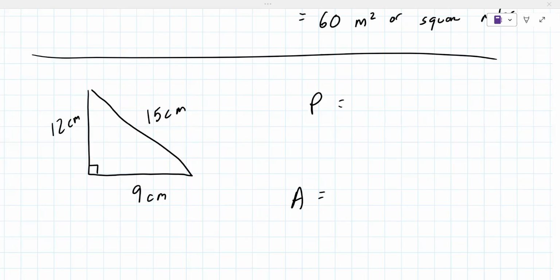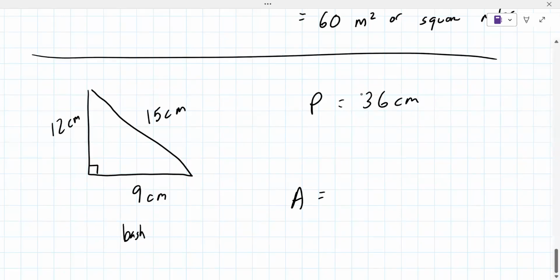Perimeter is 9... The perimeter would be 36 centimeters. Okay, good. And then the area, let's see.